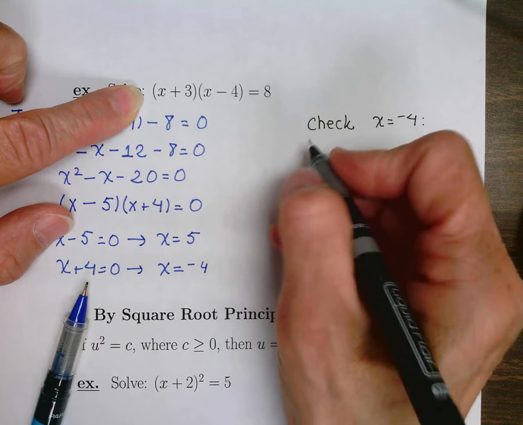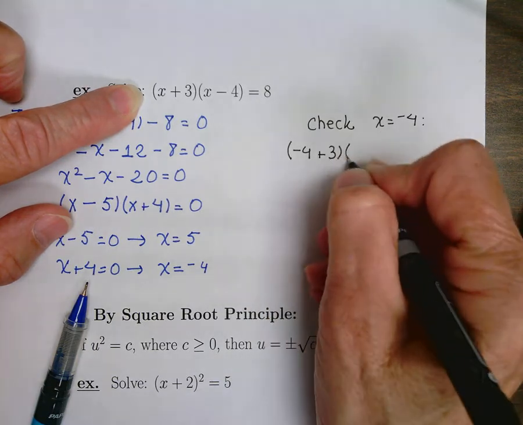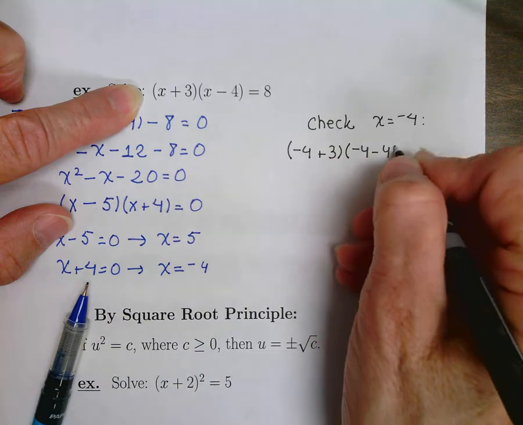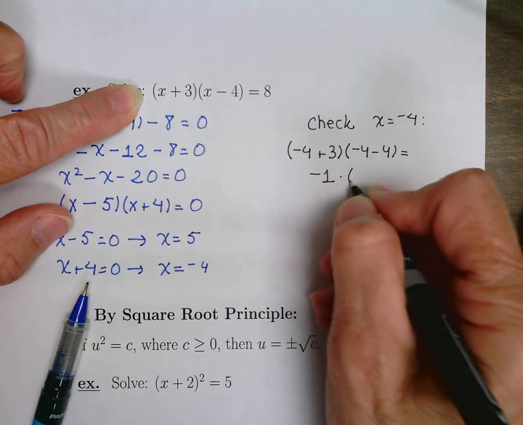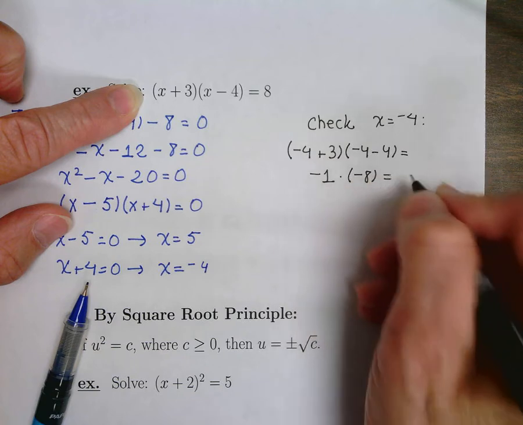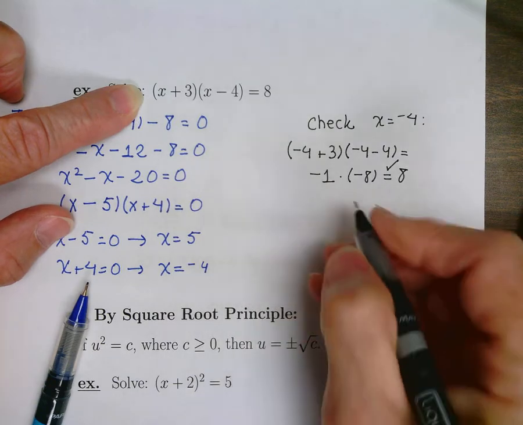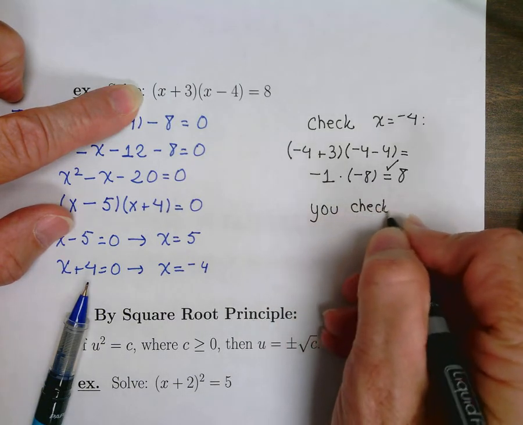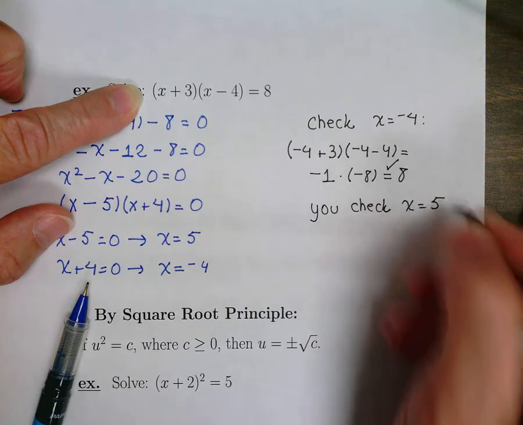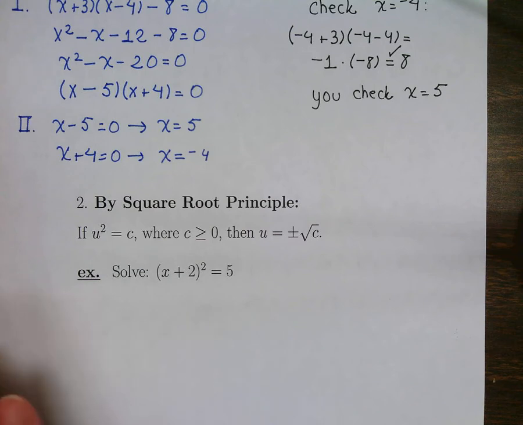I go back to my original equation and plug in negative 4. And notice that I get minus 1 times minus 8, and it equals 8, which is the right-hand side of the equation. So that works, and you can check x equals 5. Okay, great. All right, that works for some examples.